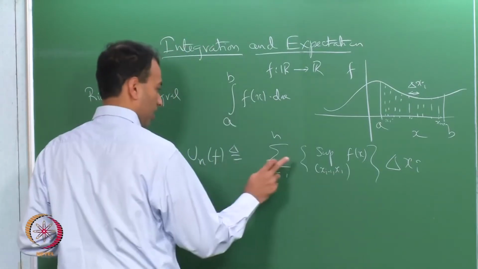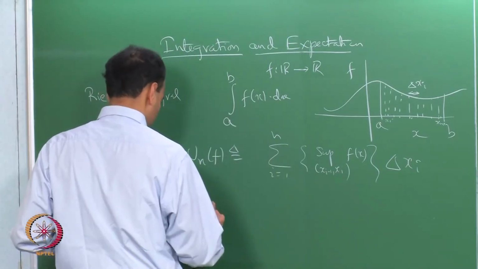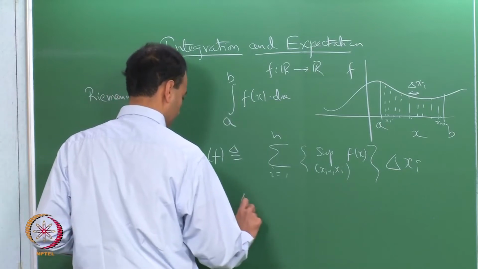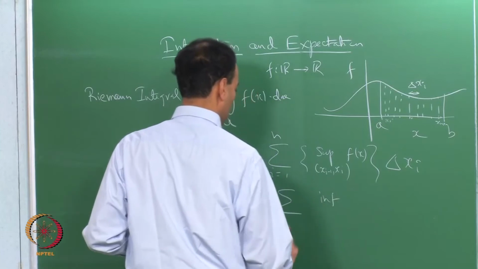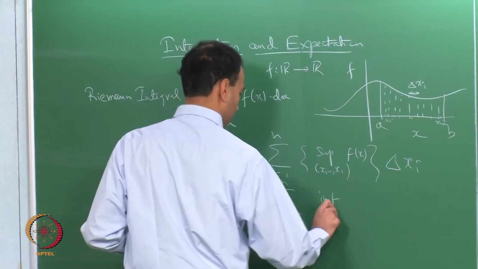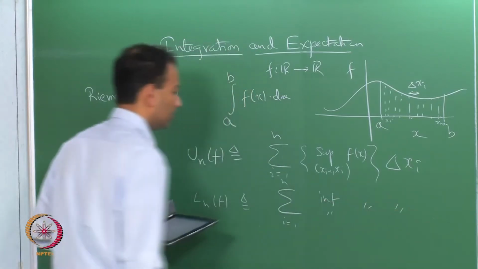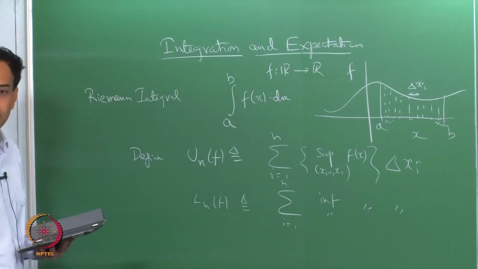So, you define that and then you define L n of f as the same thing with an infimum of the same thing. Okay.